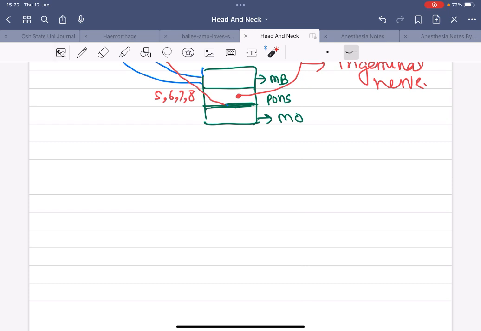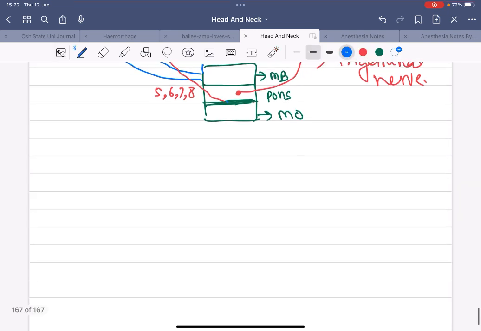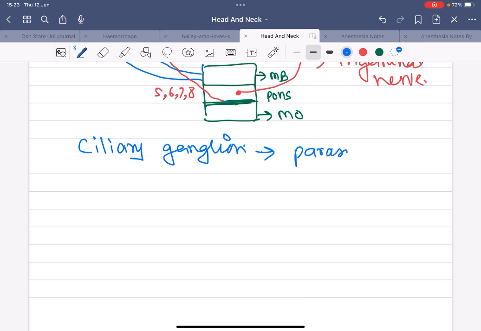Now one last thing in relation to these nerves, you must remember one ganglion here. That is known as the ciliary ganglion. Please remember the ciliary ganglion. It is mainly a parasympathetic ganglion, and it is placed in the course of your oculomotor nerve.